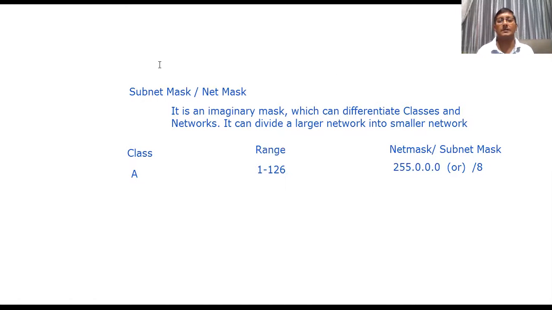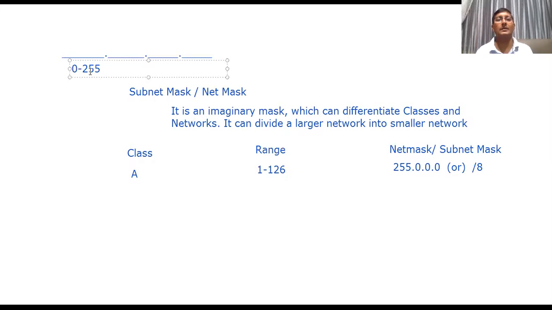Suppose you take an IP address with 4 octets. Each octet will have a value minimum 0, maximum 255, right?